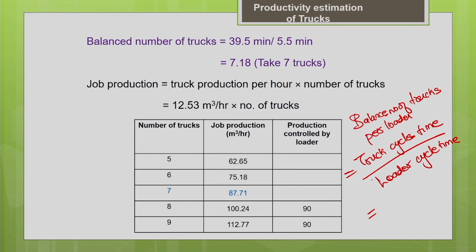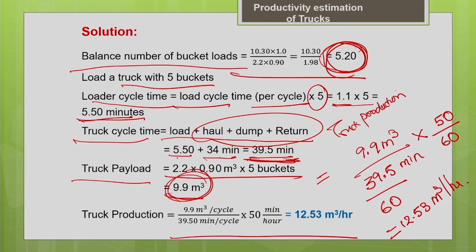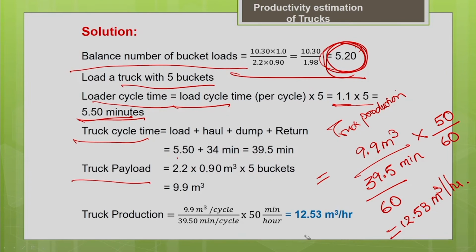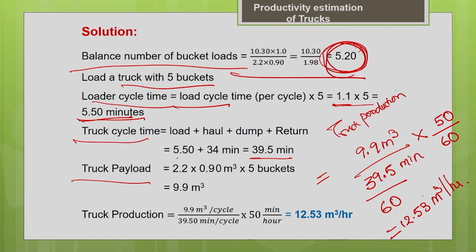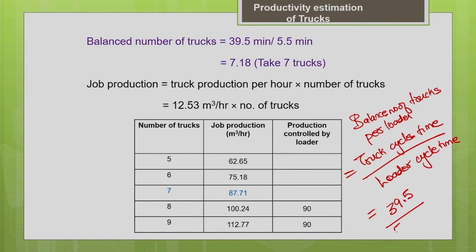You have estimated the truck cycle time earlier as 39.5, and the loader cycle time as 5.5. So this gives me the balance number as 7.18.